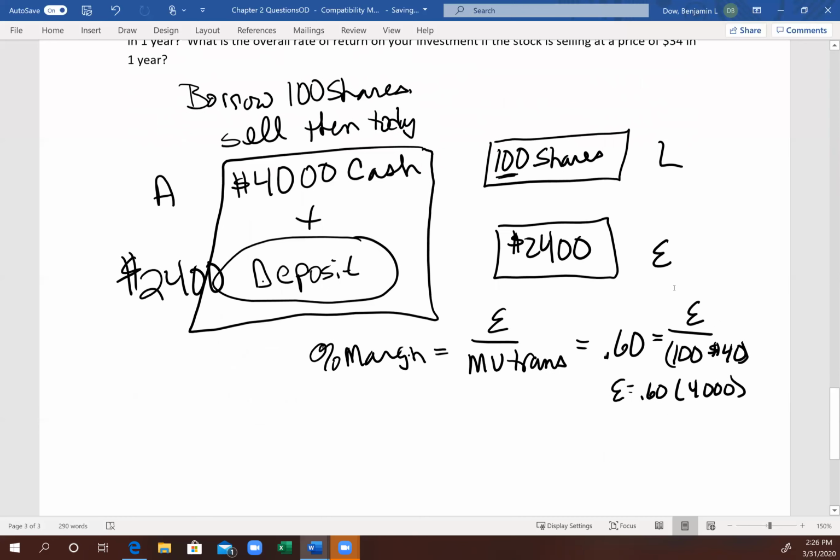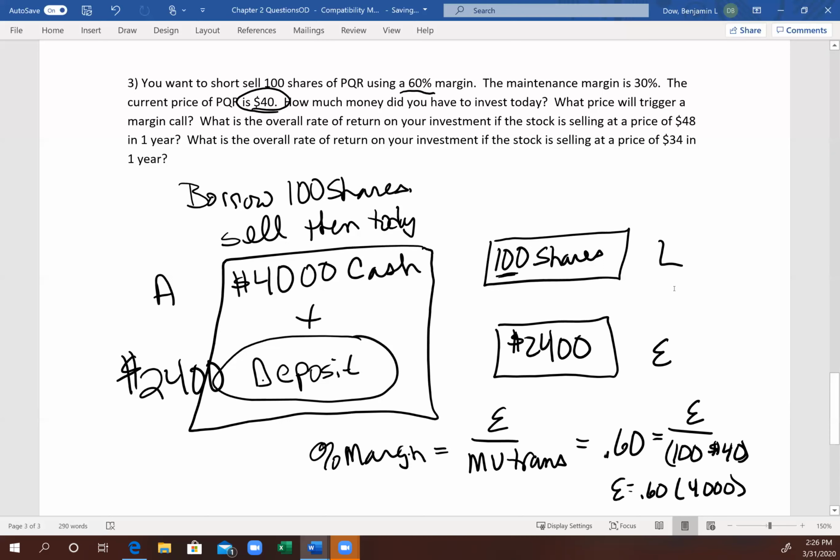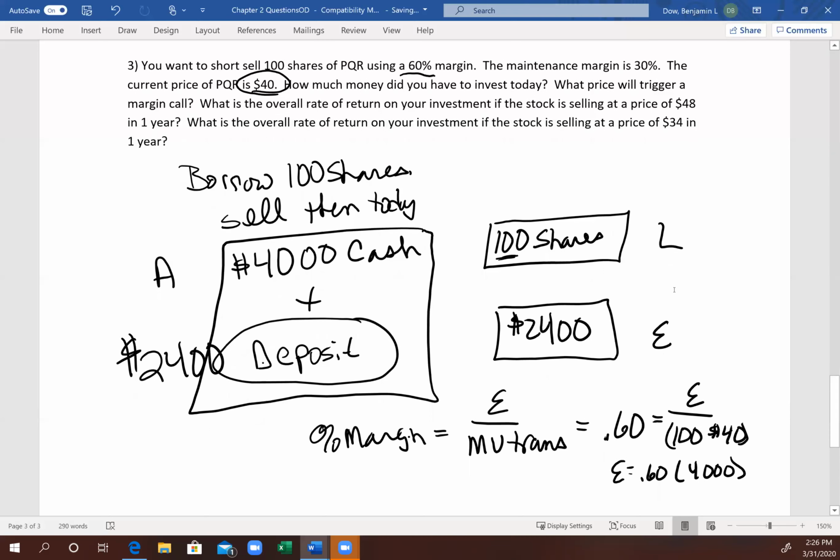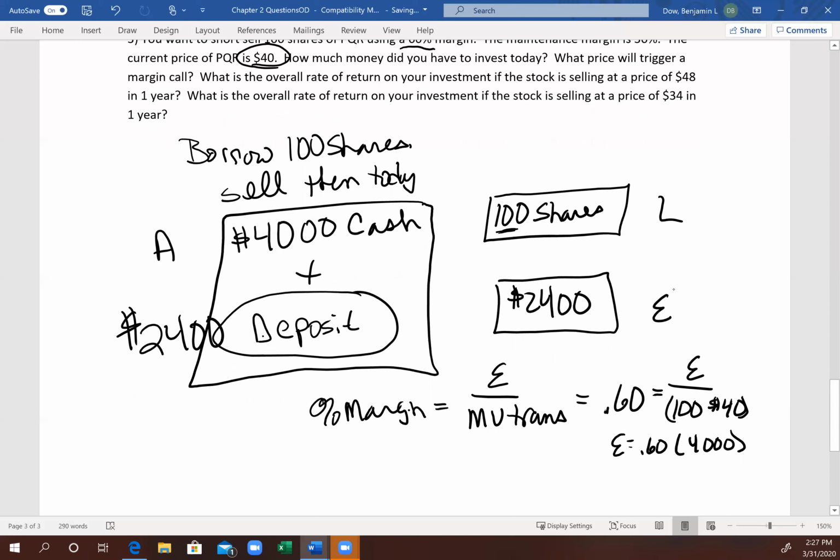Okay. Now, so how much did you have to invest today? You had to invest $2,400. What price will trigger a margin call? We'll work through the same math.